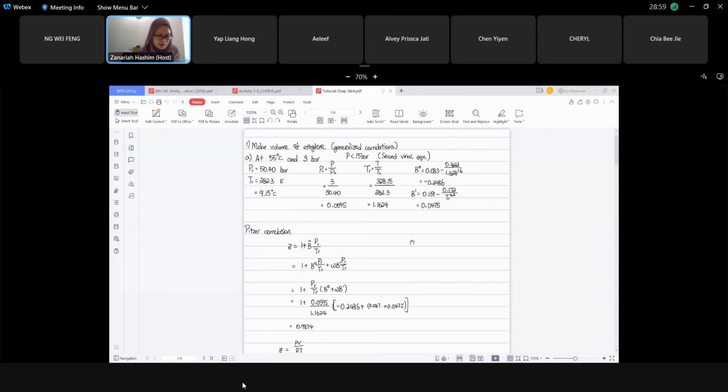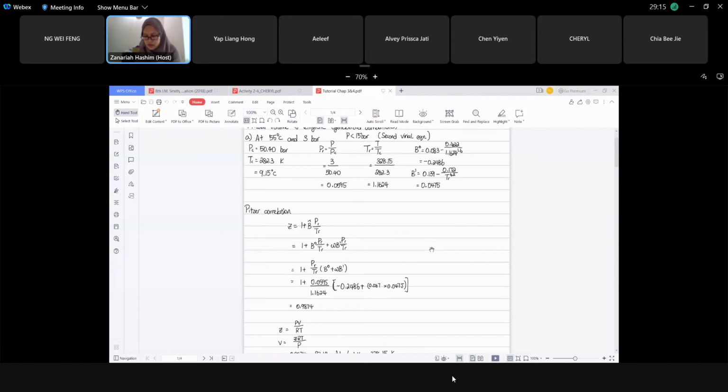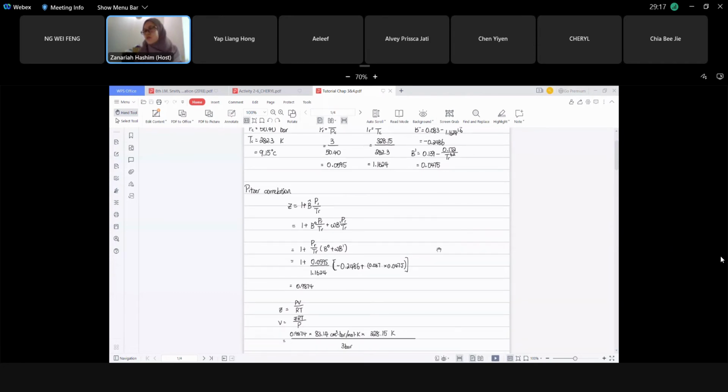Saya check balik. Sekejap. Yeah, Doctor, 0.139, right? In the textbook, page 102. Oh, okay. Saya tersilap tengok lah ni. Okay, so that should be the answer. Yeah, it's 0.139. Okay, so this one is correct.